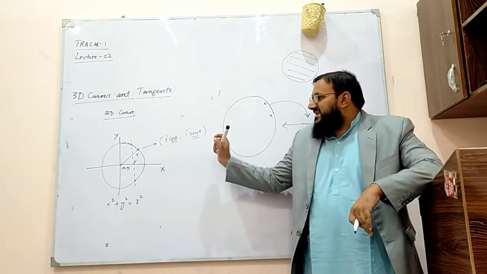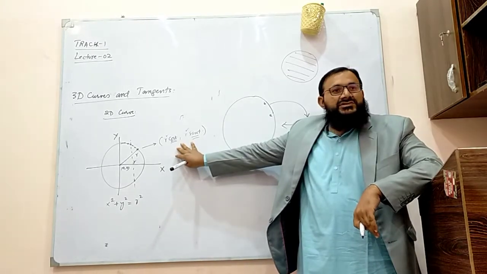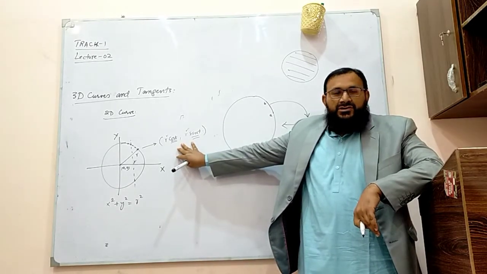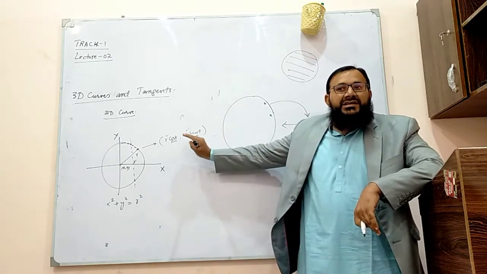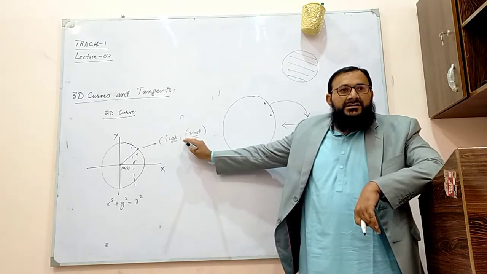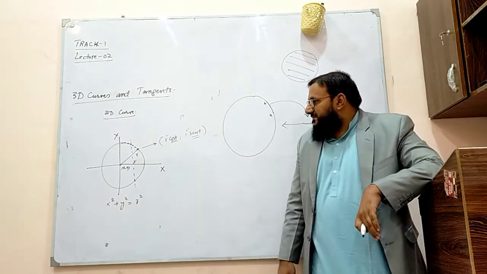So we can get each and every point on this circle just by changing these two particular components. We call this the parameterization of this circle, where t is the parameter and r is a constant which shows the radius of the circle.